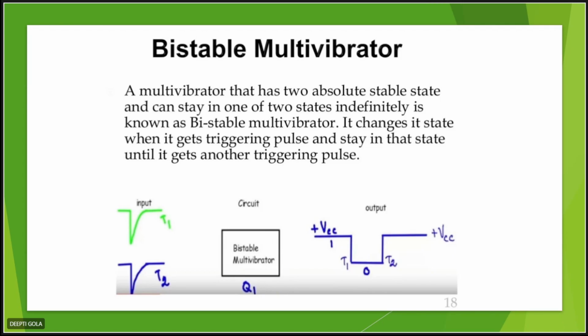So if our circuit is working in either of the two states, we have to provide the external trigger for both states. Okay, so there will be two external triggers connected to the bases of the two transistors. Since there are two stable states, this circuit is known as the bistable multivibrator, and it changes its state when it gets a triggering pulse and stays in that state until it gets another triggering pulse, right?